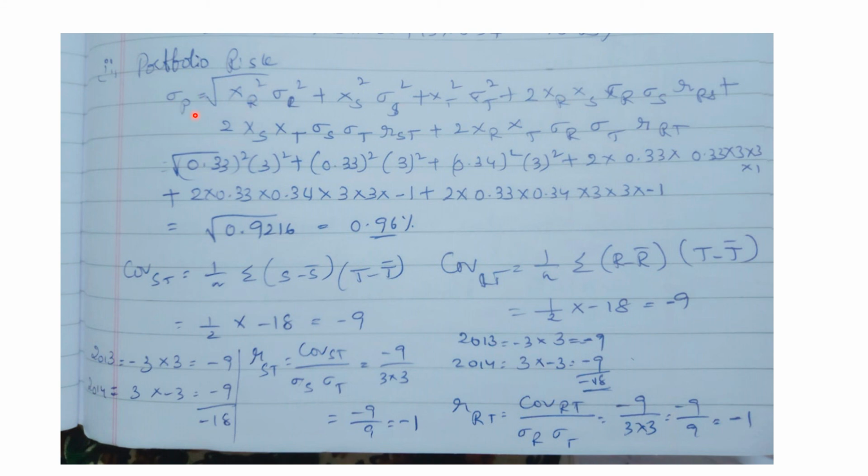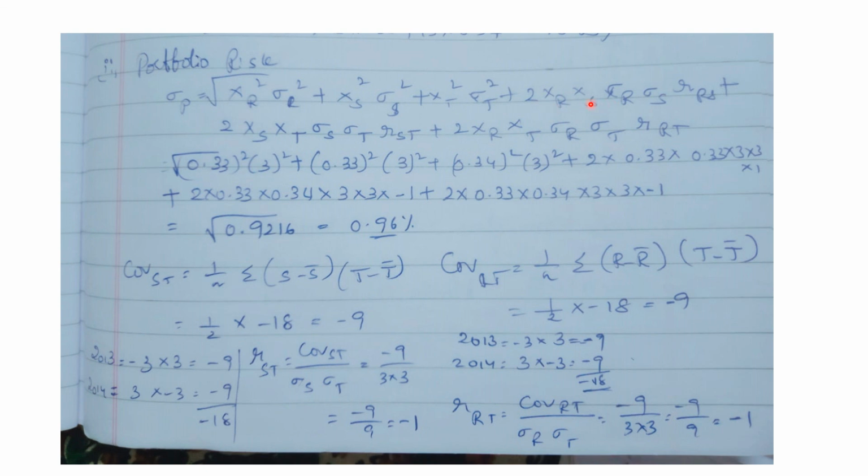So standard deviation P is equal to the square root of, the root is for the whole expression, so root of, these covariances, you have to take the correlation relationship between all the securities. So this formula comes: x for R weight into standard deviation, again weight into standard deviation for another stock, weight into standard deviation for the third stock, 3 stocks' weights and standard deviations, plus 2 into XR XS, or WR WS.